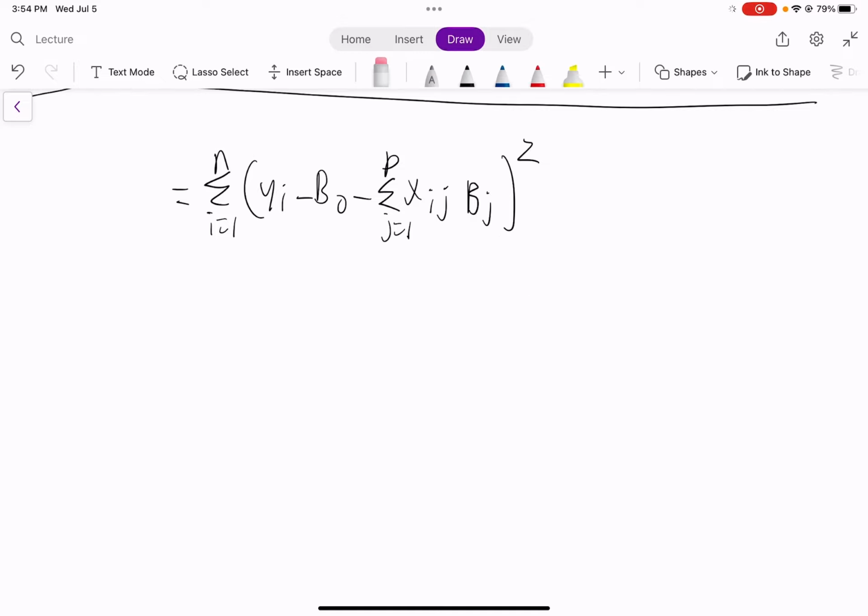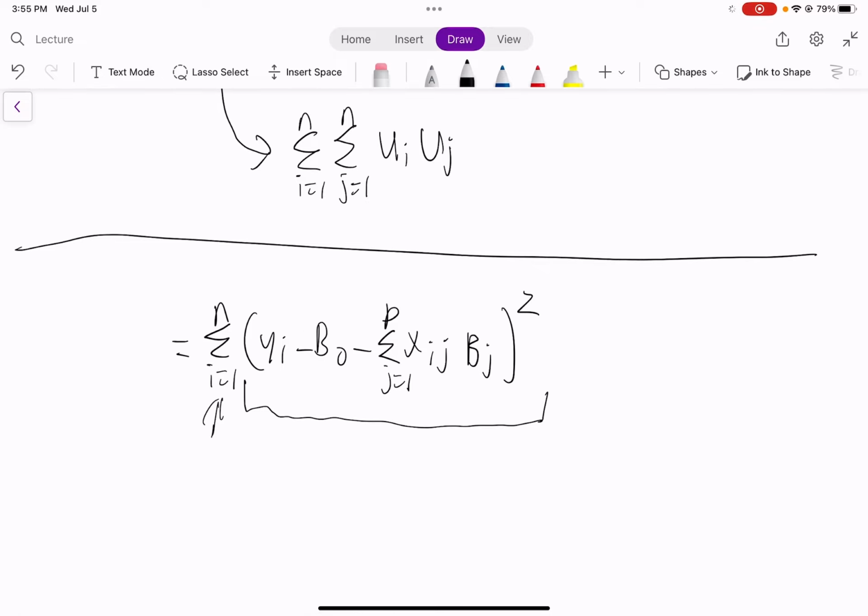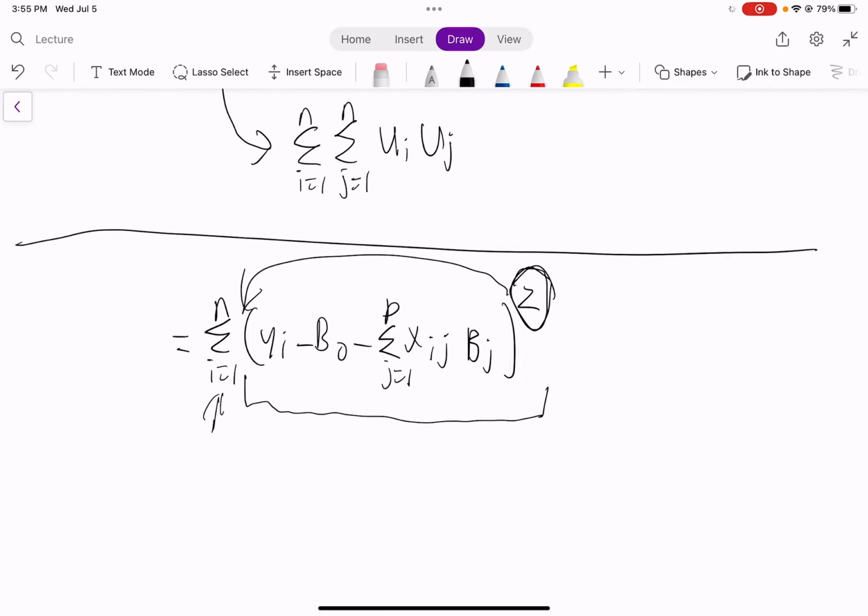What do we see here? We have a summation and we have a quantity squared. Refer back to it: is this square squaring over the whole summation, or is it squaring the inside part of the summation?